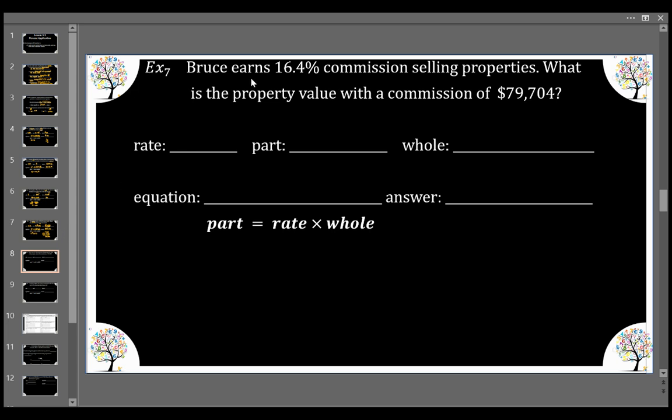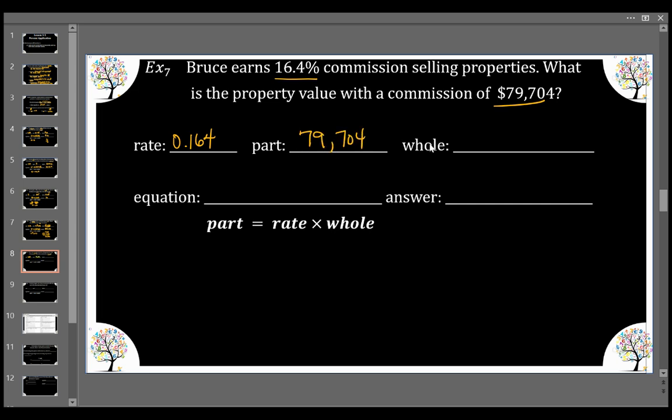Bruce earns 16.4% commission selling properties. What is the property value with a commission of $79,704? So we have our rate. We're going to convert it to a decimal, moving the decimal 2 places to the left. The commission is $79,704.